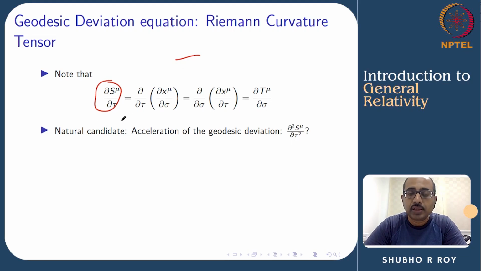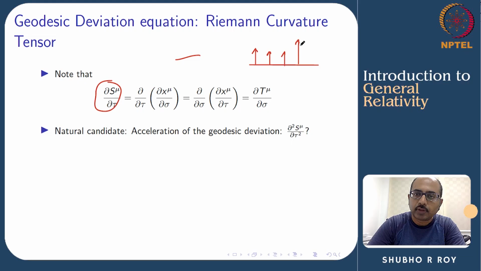But because the partial derivatives commute, I can convert this quantity, the rate of change at which the separation is increasing or decreasing with tau, into the difference in velocity with tau fixed but sigma changing. So let's say these are the velocity vectors as we go along sigma. That doesn't really tell you whether the geodesics are converging or diverging, so this is not the right quantity to look at.